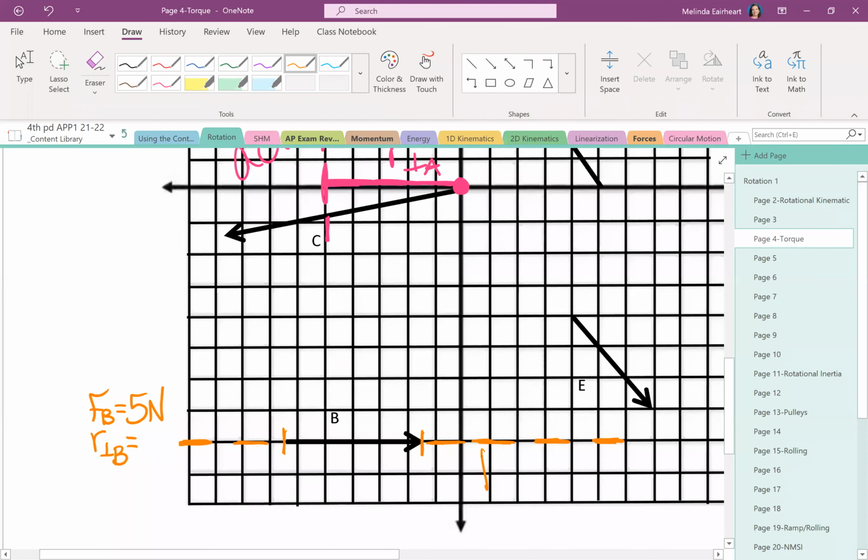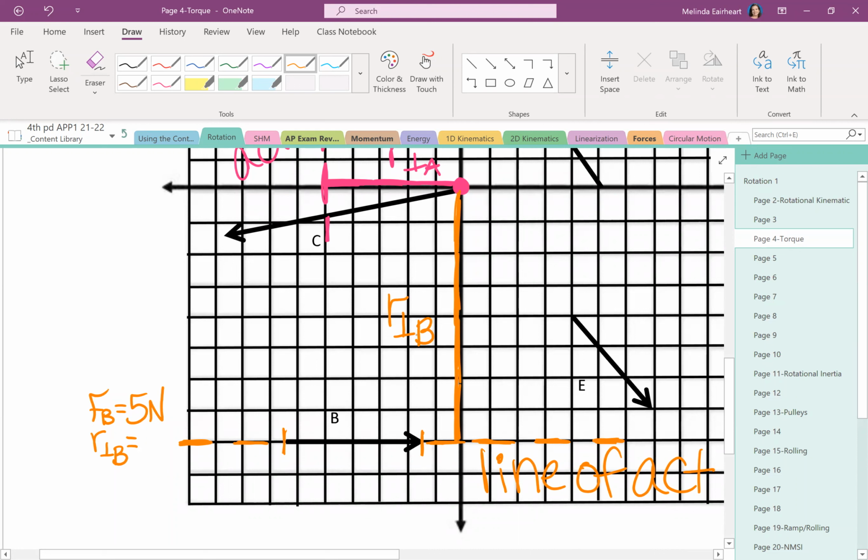And so this is our line of action, line of force. And now I'm going to draw in our vertical lever arm from the axis of rotation to the line of force. And this is our perp B.